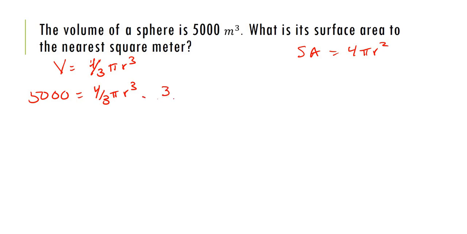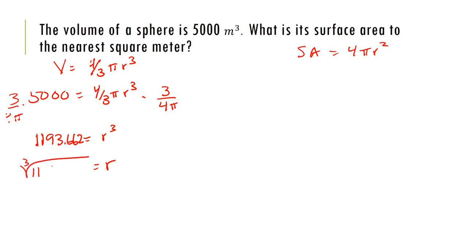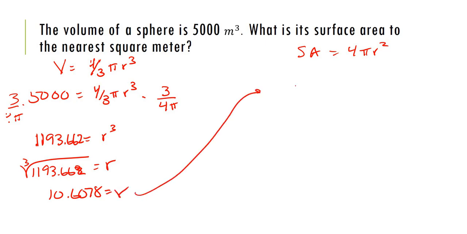Okay, I multiplied both sides by 3/4 pi. That gave me r cubed equals 1193.662. Taking the cube root, and if you don't know how to do this, again, we'll do this in class together. The cube root of this is 10.6078. So that's my radius.